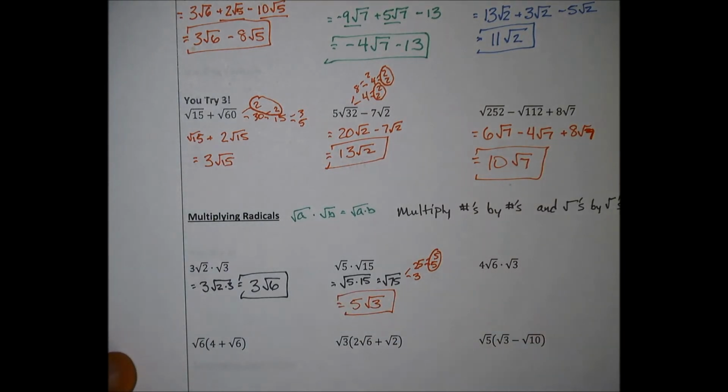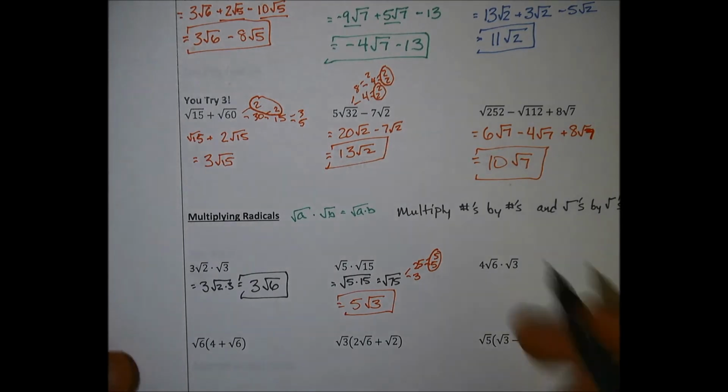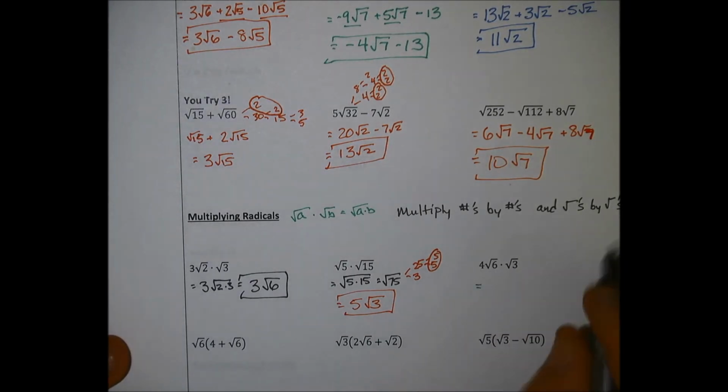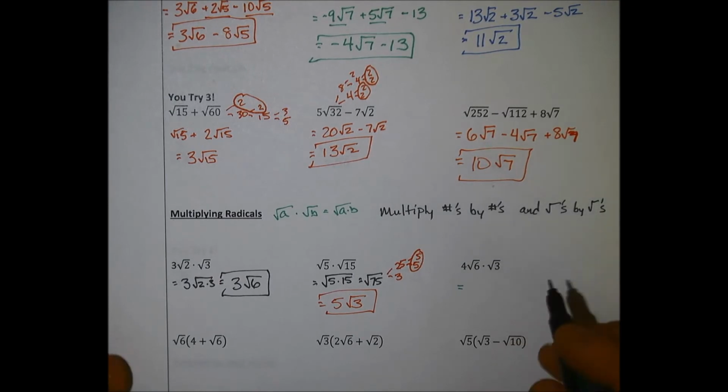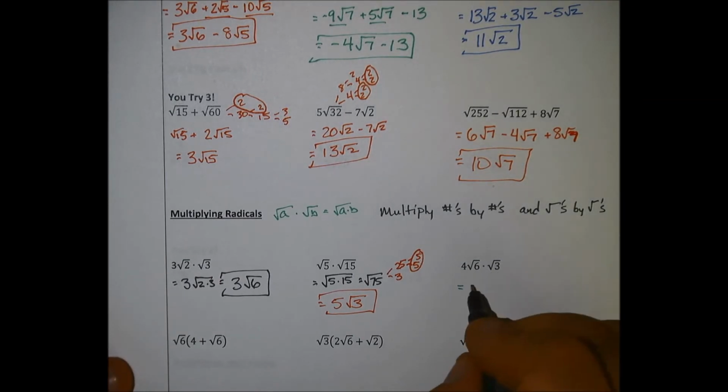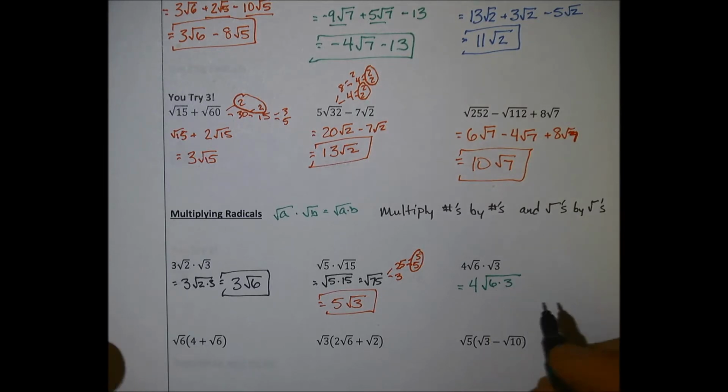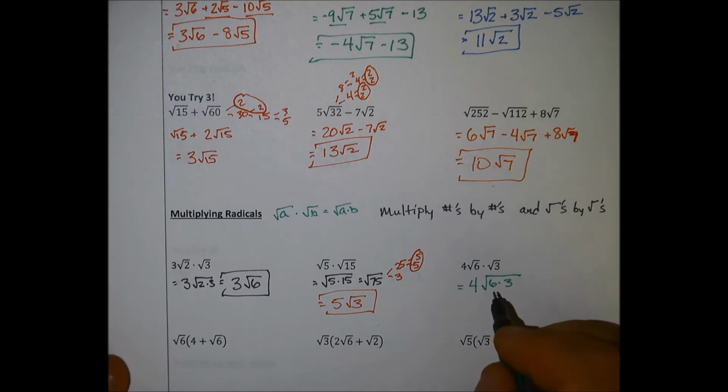Okay. I want to look at a little easier way to do these problems, because there's always, or most of the time, one little bit easier way. Out in front I have 4 times 1, which is 4. And then I have square root of 6 times 3. What you can do, instead of multiplying this up, if you have any composite numbers, meaning that you can find 2 or more factors, you can split it up.